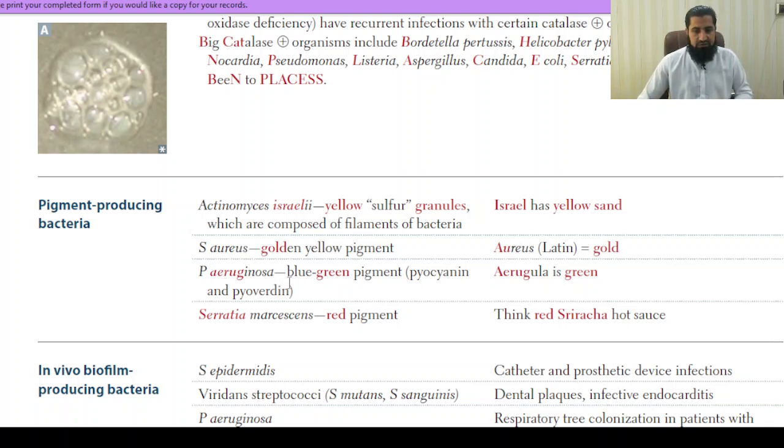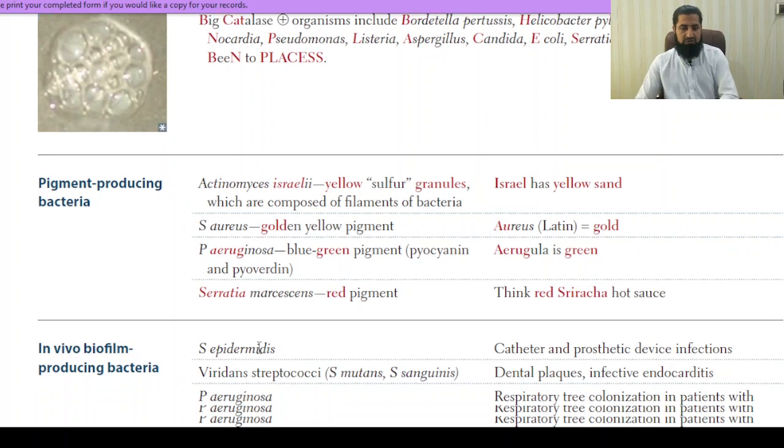Pseudomonas aeruginosa has blue-green pigments, pyocyanin and pyoverdine. Serratia marcescens has red pigment. Think red sriracha hot sauce.